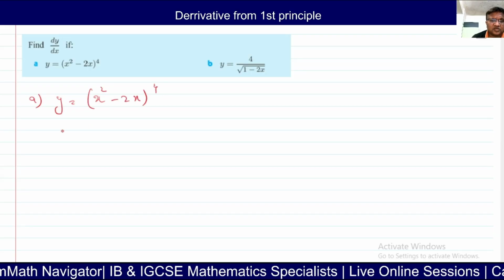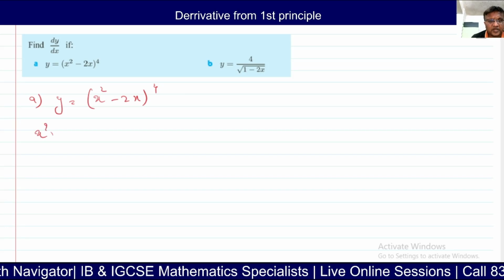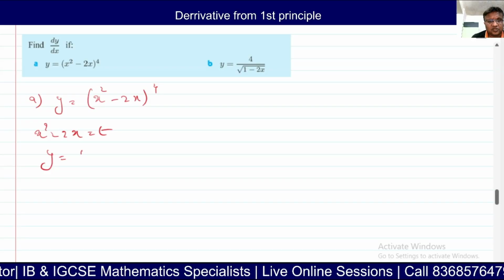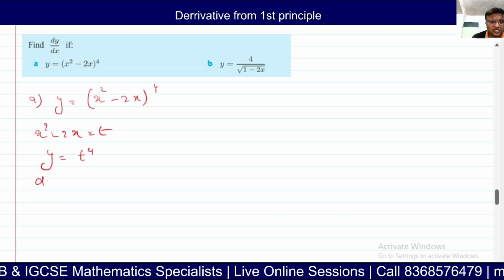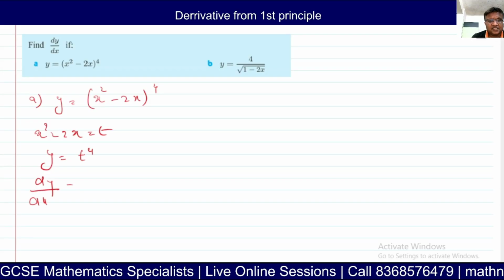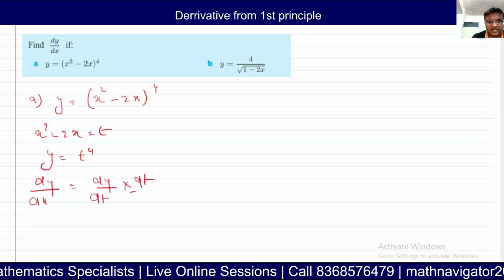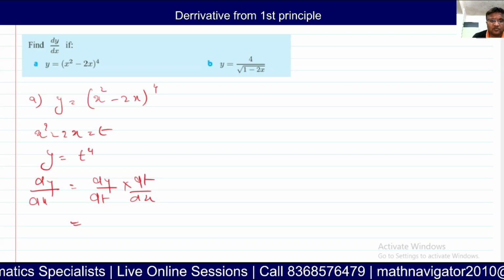So first you need to decide what is your t. x squared minus 2x is equal to t. So y is equal to t raised to the power 4. So dy by dx is equal to dy by dt times dt by dx, which will give me what?